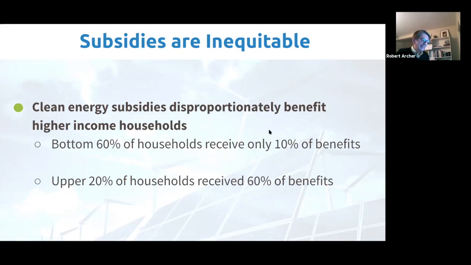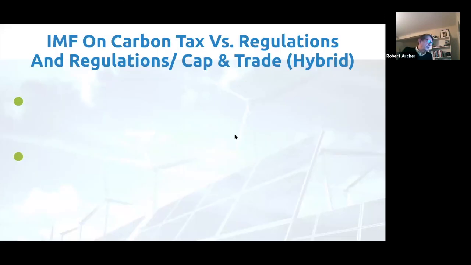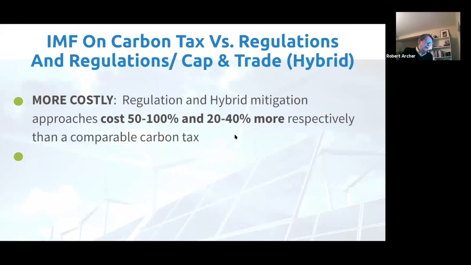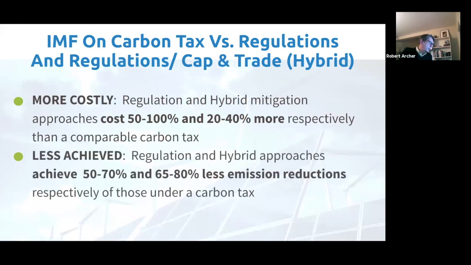The most inequitable tax credits were for electric vehicles, where the upper 20% got 90% of the subsidies. The recent International Monetary Fund analysis showed the two approaches, regulation and a combination of regulation and cap and trade, are more costly by 50 to 100% and 20 to 40% respectively, and they achieve less emissions reduction.